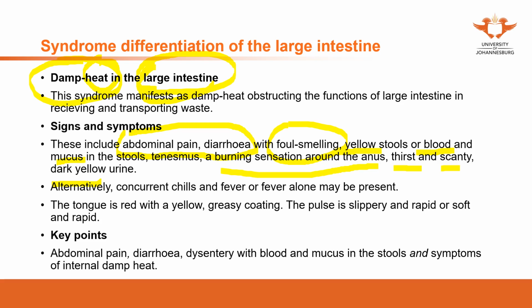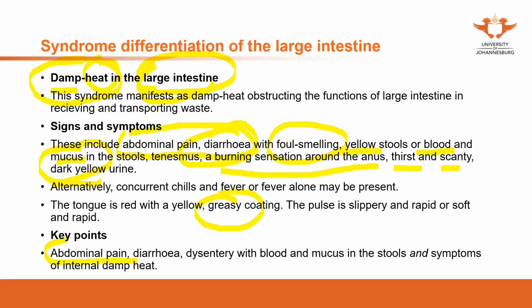Where can you see the dampness? That's from the diarrhea itself. It manifests as dampness. Also from the coating. The greasy coating is dampness. The mucus in the stool is also dampness. So this can happen.